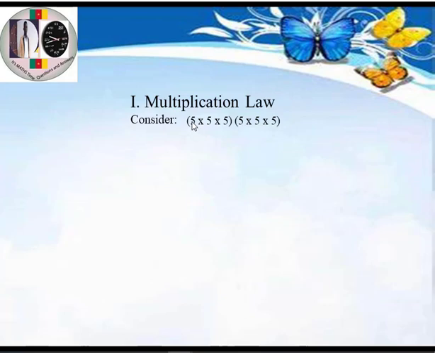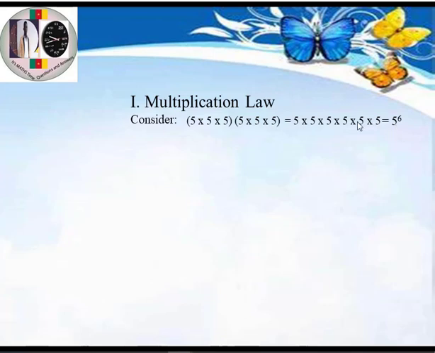So we have 5 times 5 times 5, times 5 times 5 times 5, which gives us 5 times 5 times 5, 6 times. So 5 is multiplying itself repeatedly 6 times, and we can express it in index form as 5 power 6, correct?